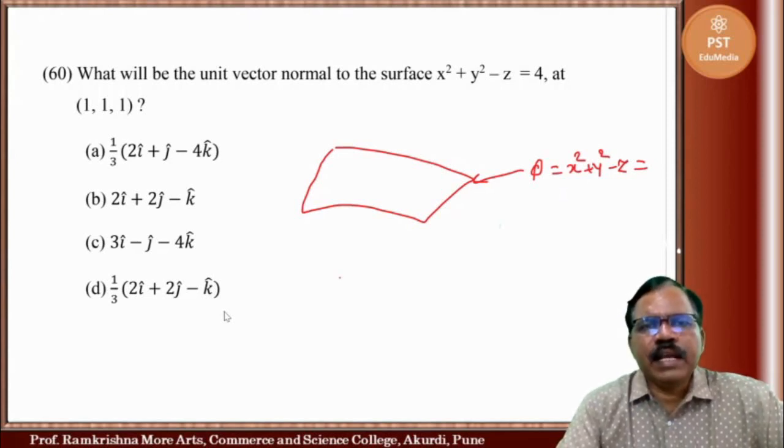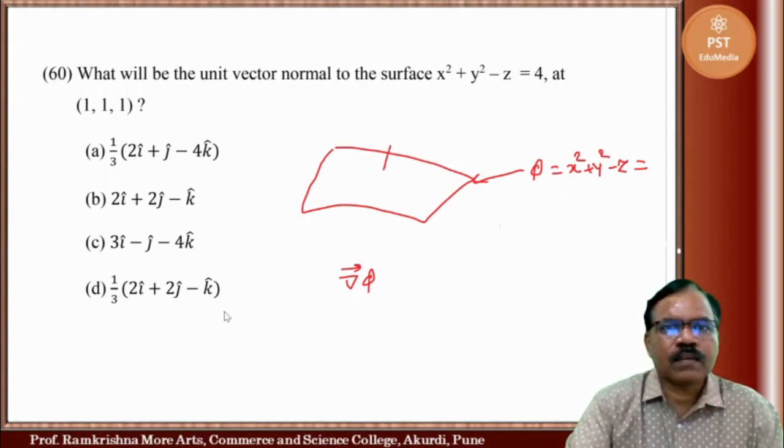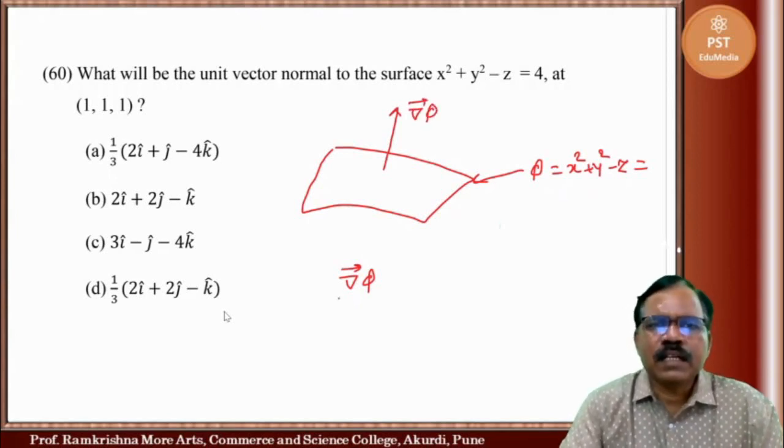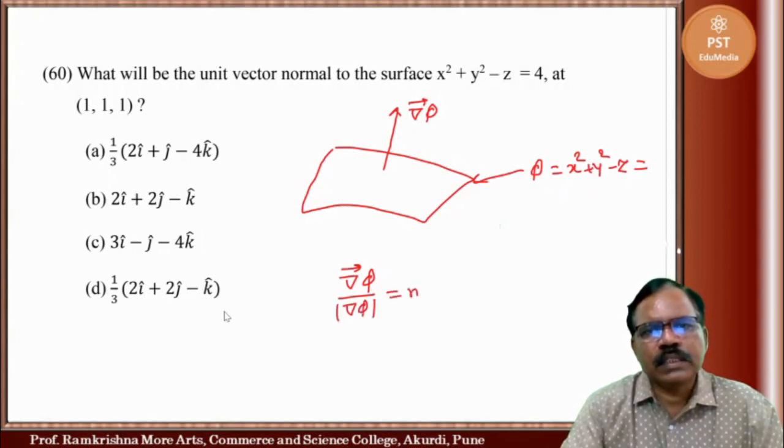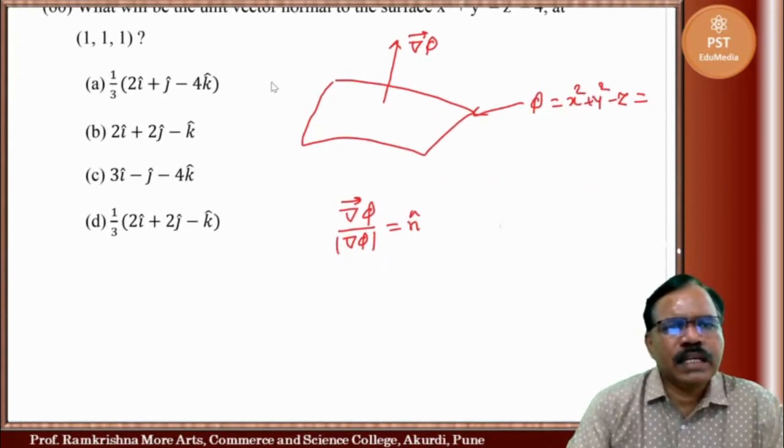Now if we take del phi, it is a vector normal to the surface at a point. Now unit vector means del phi upon its magnitude. So we have to find first del phi. So what is del phi?